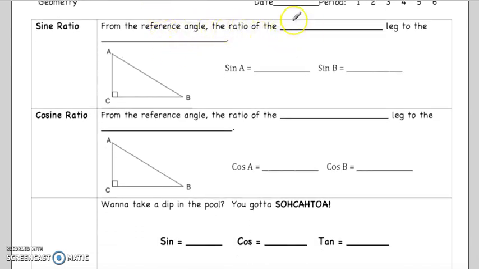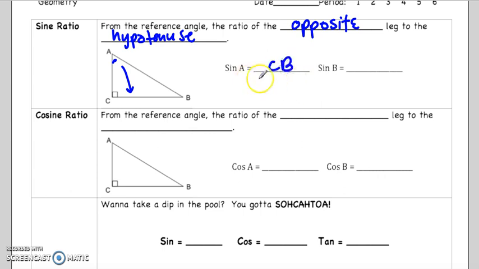With the sine ratio, it's the ratio of the opposite leg to the hypotenuse. So when you are looking at reference angle A in this case, to take the sine of A, it is the opposite, in this case CB. We're going to divide that by the hypotenuse, which is AB.